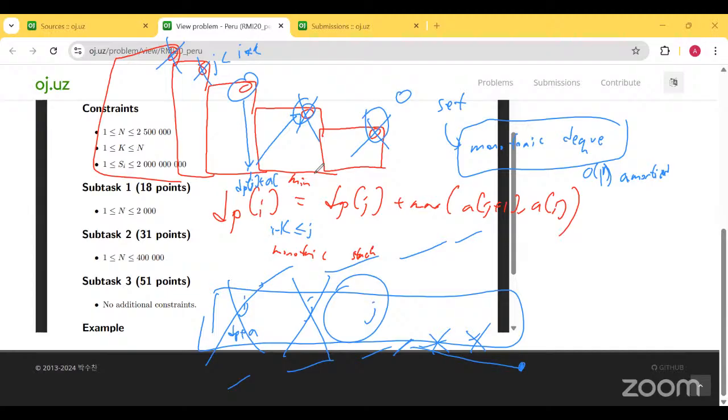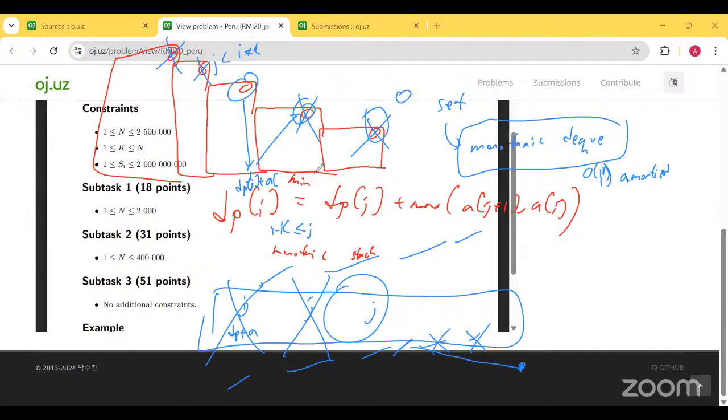But as we remove this from the deque, we can now add back the previous values which we deleted, and they might give us better answers. Okay, yes, I was already concerned about that case.